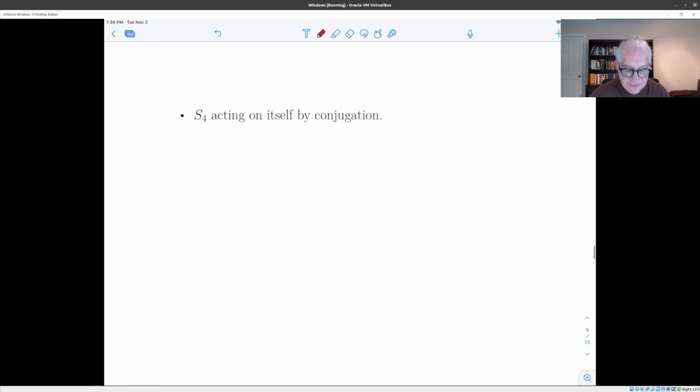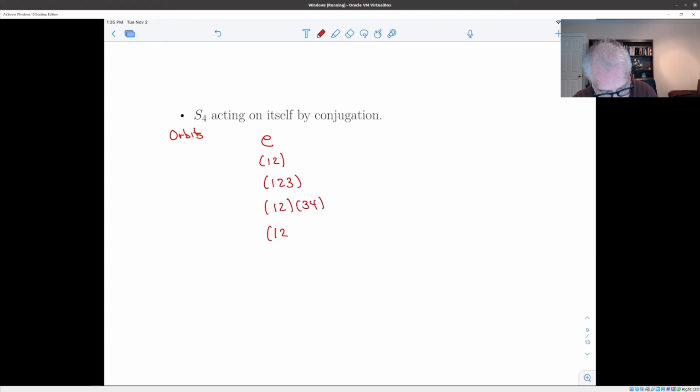S4 acting on itself by conjugation. So this one's a little bit more complicated. So we know that the orbits are the conjugacy classes, and there are the following conjugacy classes: the identity, transpositions, 3 cycles, products of transpositions, and 4 cycles.